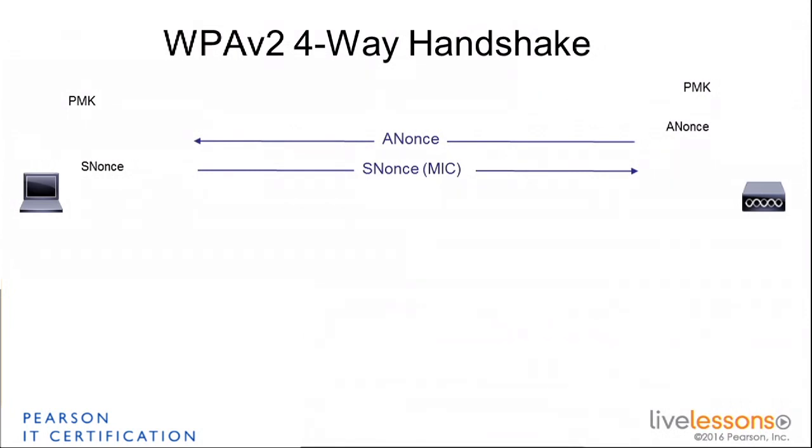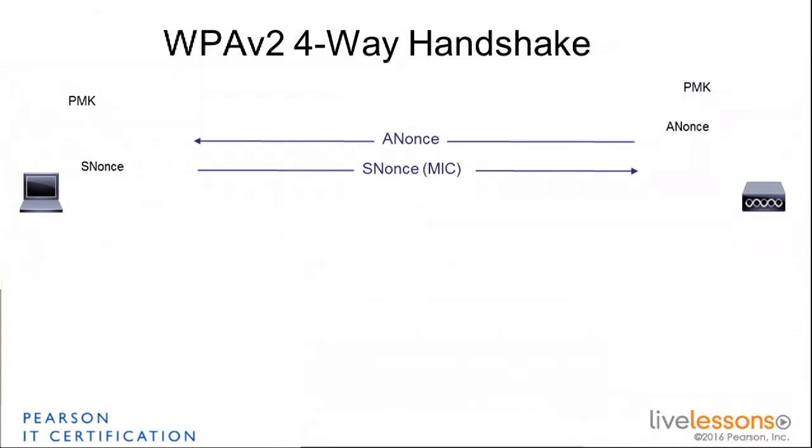And that message integrity check is going to be a calculation of the frame derived from the knowledge of the PMK. This is important because that means that that message integrity check, that sort of a checksum of the frame, is going to be using the PMK. So that means that it proves that the client has the right PMK.